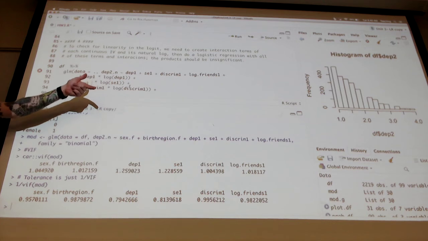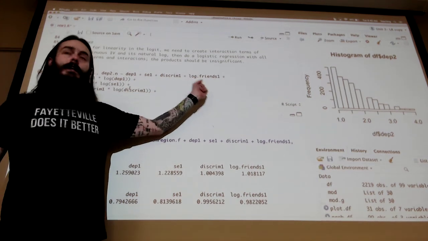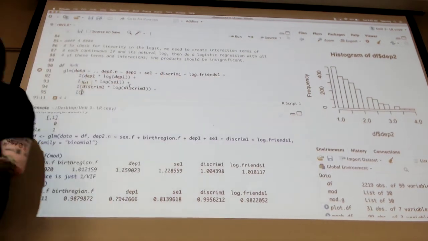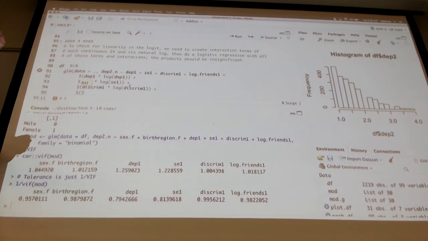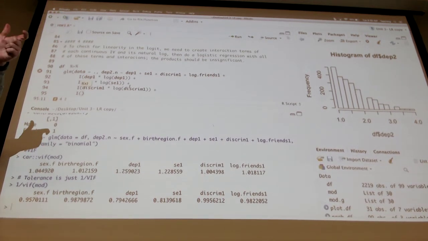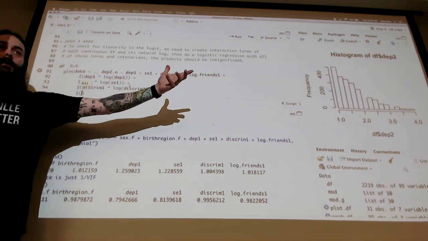So what we actually have to do is go back and use the original non-log version times the log we already computed. As a reminder, the original friends1 variable had zeros.